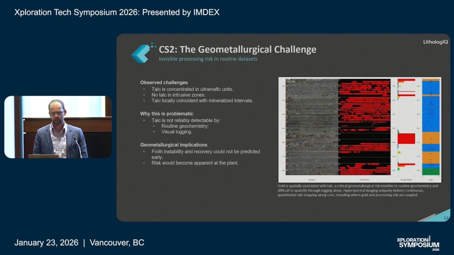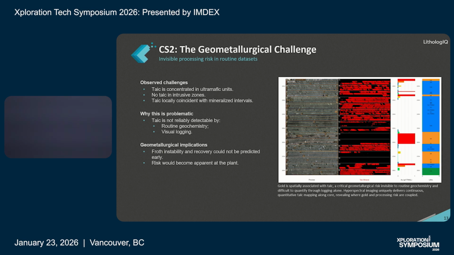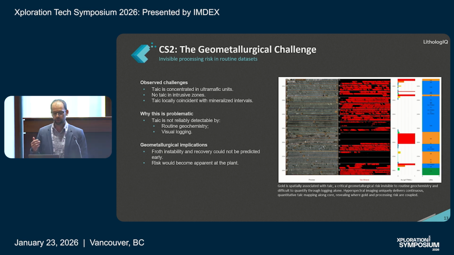Especially when we look at the talc, because in this project, talc was located almost everywhere, in the zone or out of the zone. So it was really difficult to have great control over the geomet process.